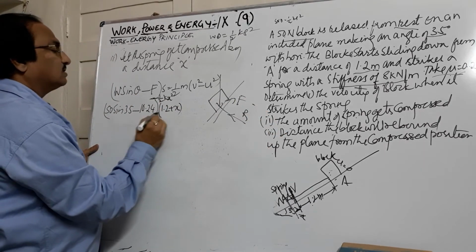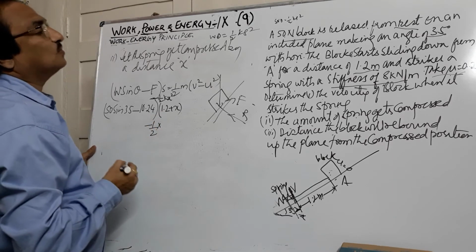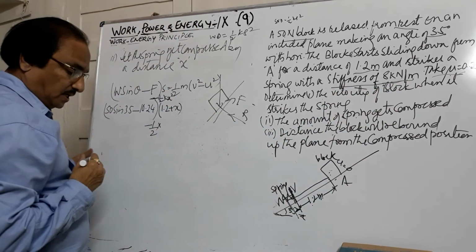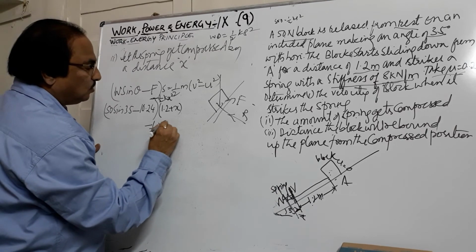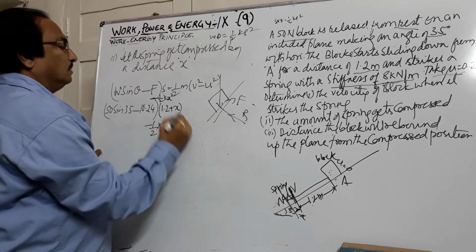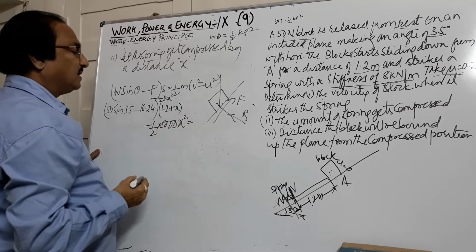So here this will be minus half into the stiffness, what is given in the problem is 8 kilonewton per meter. So this 8 kilonewton per meter we will convert into Newton, 8000 Newton, into x square. So that is the compression of the spring that is taking place.